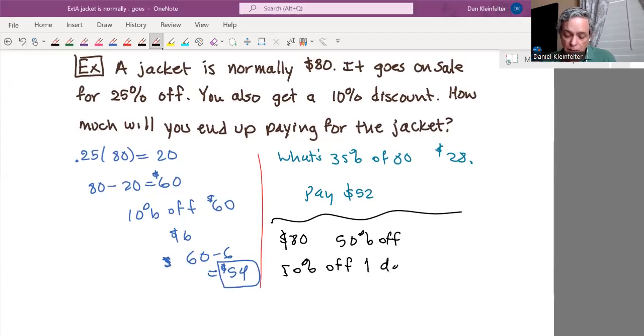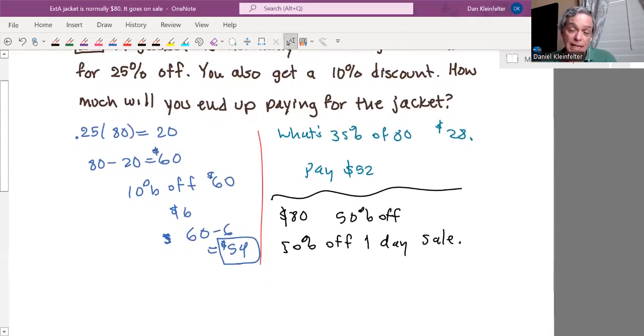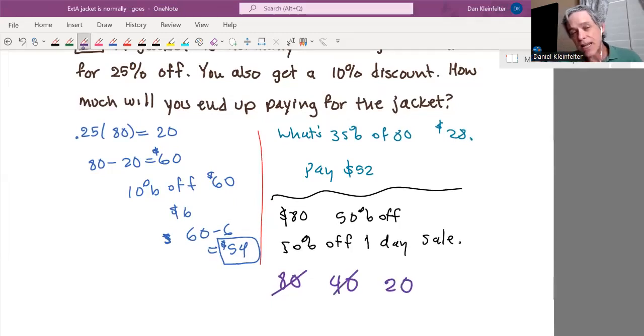So here, the discounted jacket is 50% off because summer is coming, and then they also have a one-day sale for an extra 50% off. Well, it's not going to be a free jacket, right? So the jacket, normally $80, they're going to take 50% off, making it 40. But then when they take the other 50% off, it's going to be 20. You can't just add the 50%, get 100% off, making it free.